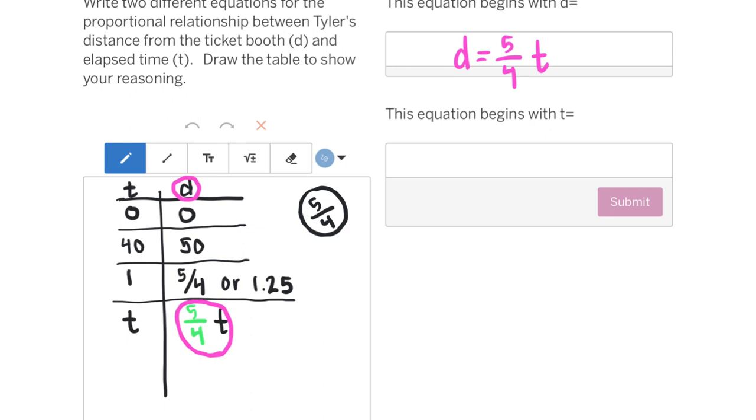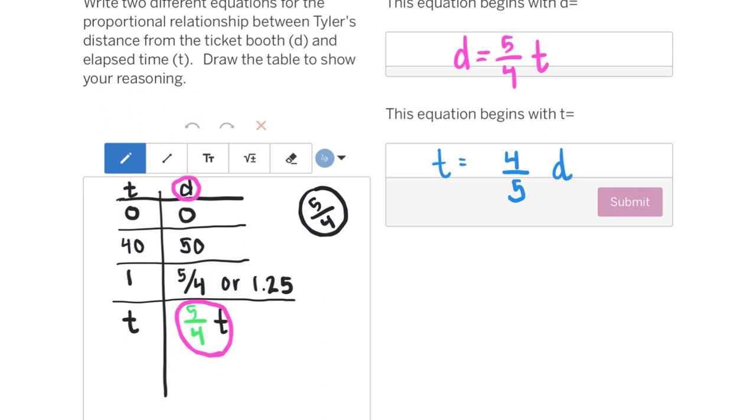So if we had here distance equals 5/4 t, and I wanted to switch my time and my distance and figure out how long it takes me to go a certain distance, what we do is we flip the 5/4. Remember that if we switch the variables, we flip the fraction. So there are our 2 equations that we can use to represent the situation.